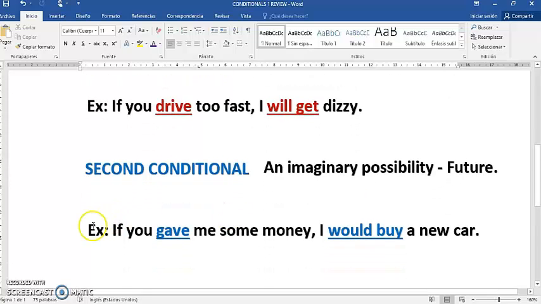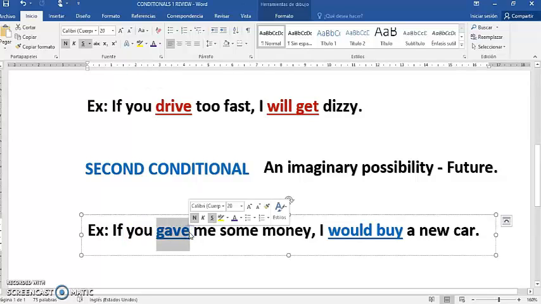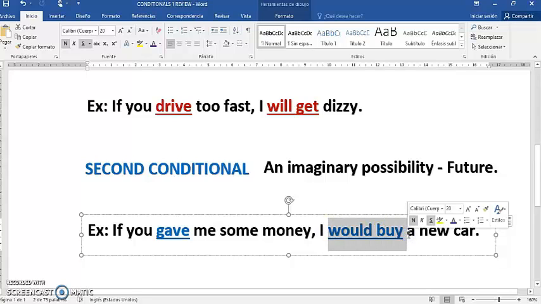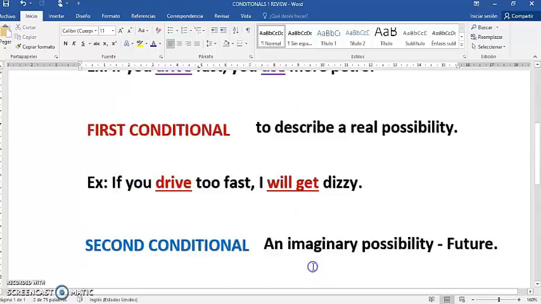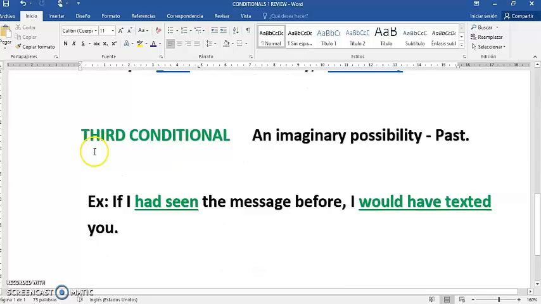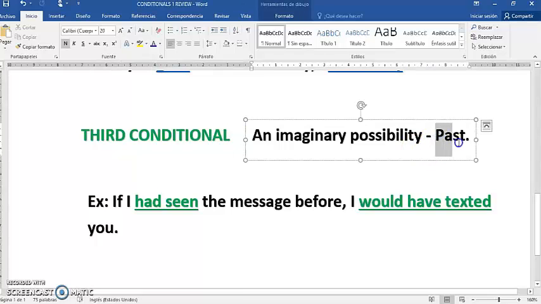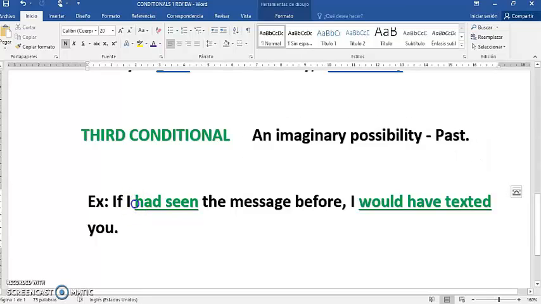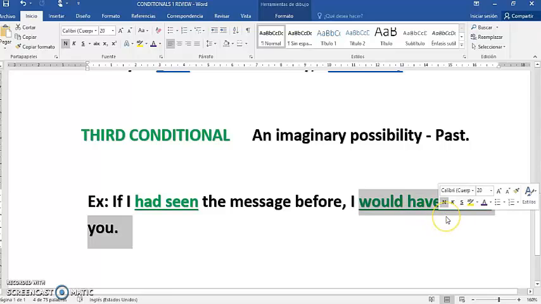Here you are going to have the example, and you are also going to find this information underlined, and in class I am going to be explaining the general structure. Okay, and we are going to finish this explanation in the class with the third conditional, and this is used for imaginary possibility, but in the past. I also have provided one example here, and you are going to be checking and understanding these grammatical structures.